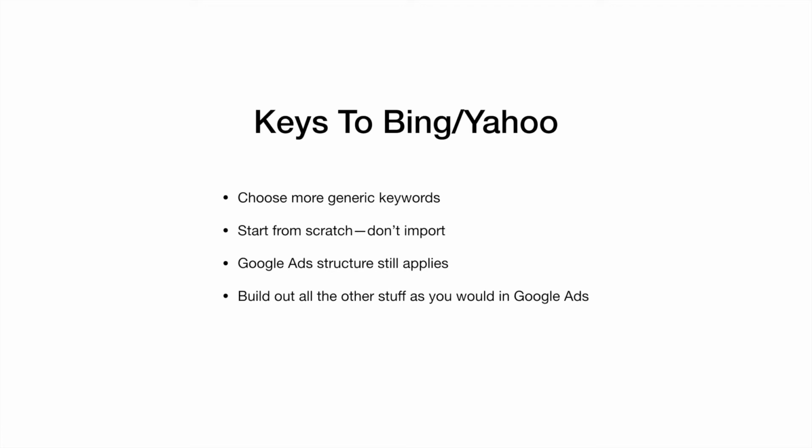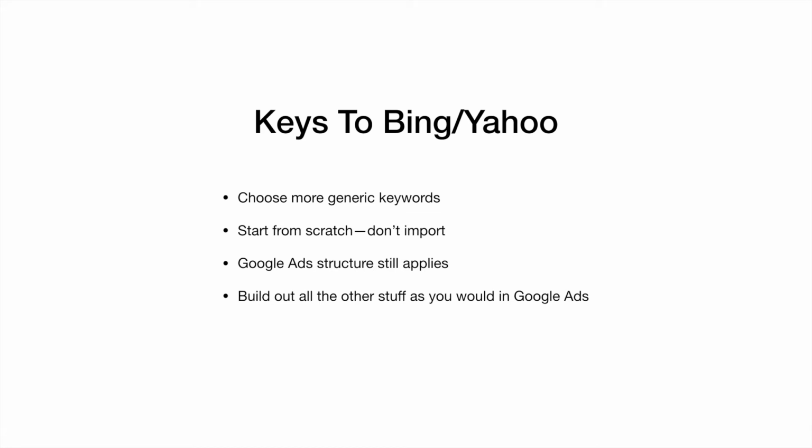So you're going to have the same process that you have in Google Ads. You're going to research keywords, get a group together of them. You're going to have the same structure as Google Ads. You're going to create single keyword only ad groups. Each of those keywords is assigned a quality score, just like in Google Ads.